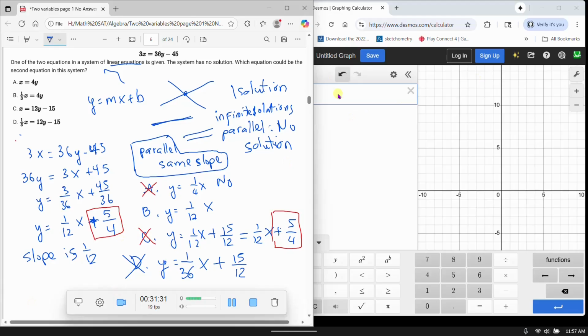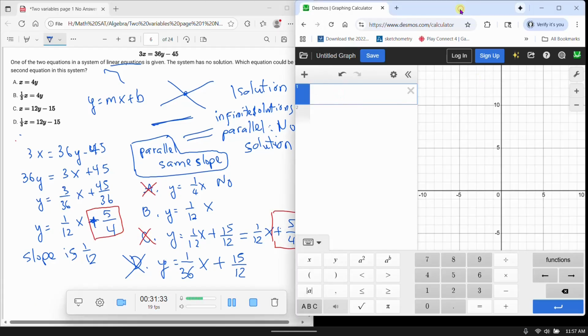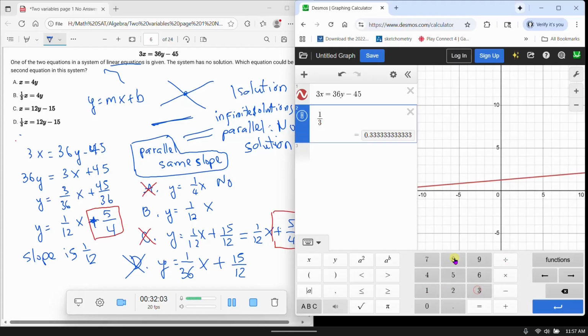Now on decimals, if we want to see it using a graphing tool, first we put in the original equation. So we put 3x equals 36y minus 45, and let's put b as 1 over 3.